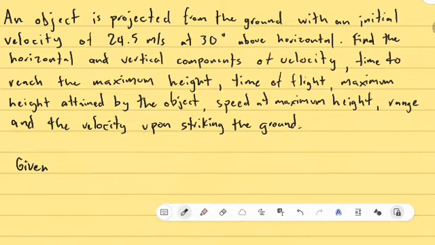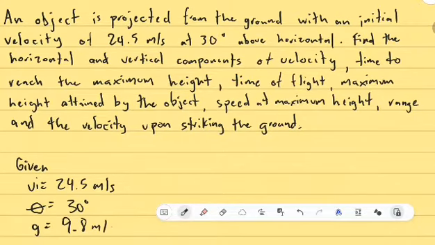So Vi is equal to 24.5 meters per second. And we also have the angle, which is equal to 30 degrees. So theta, 30 degrees. And meron tayong invisible na given, which is the gravity, 9.8 meters per second squared. Again, constant po ang g.